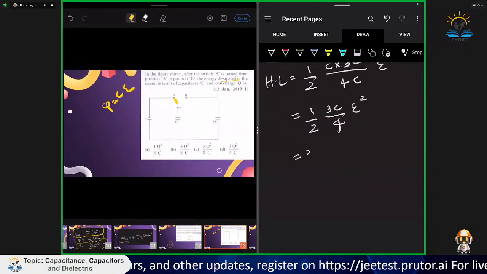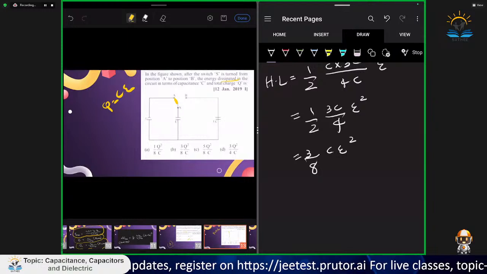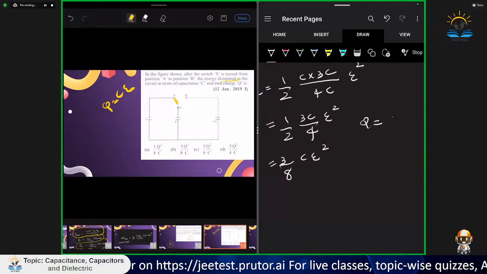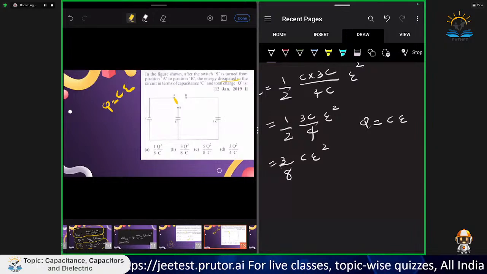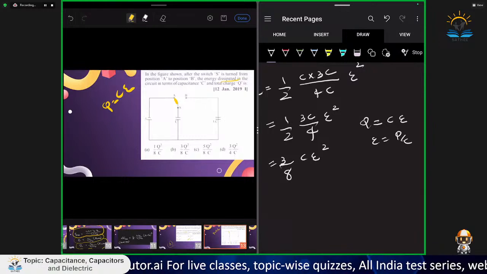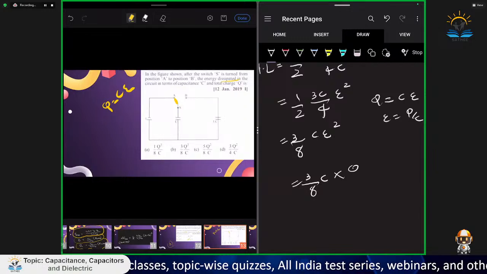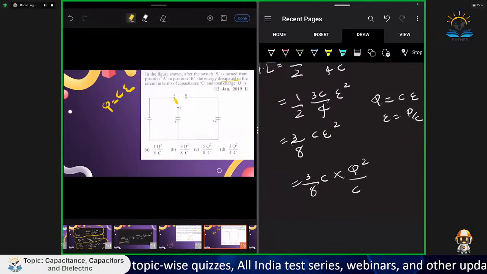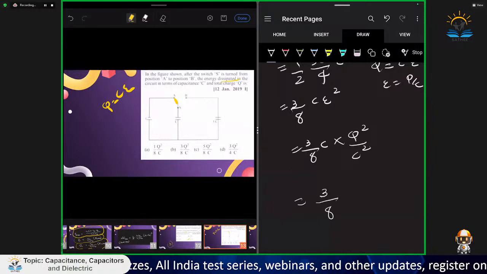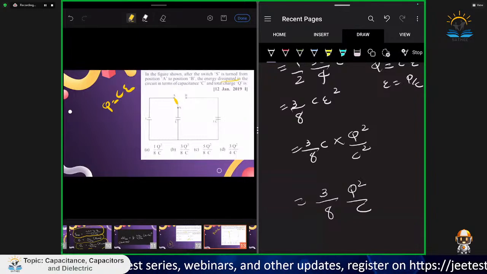That is 3 by 8 CE square. We know that Q equal to CE, so E equal to Q by C. So 3 by 8 C into Q square upon C square. That will be 3 by 8 Q square by C.